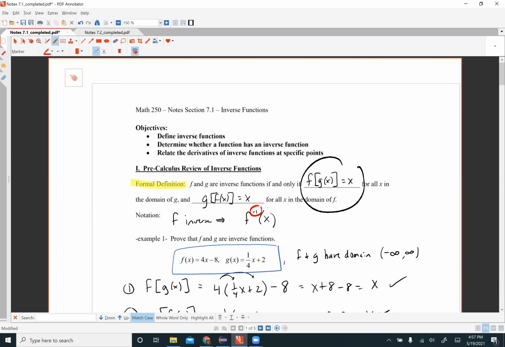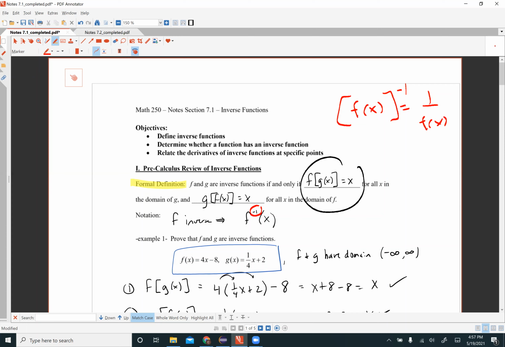How would I denote 1 over f? I would write f of x, put parentheses or brackets around it, and then put the -1. That means 1 over f of x. This is the one time where that -1 is not an exponent.